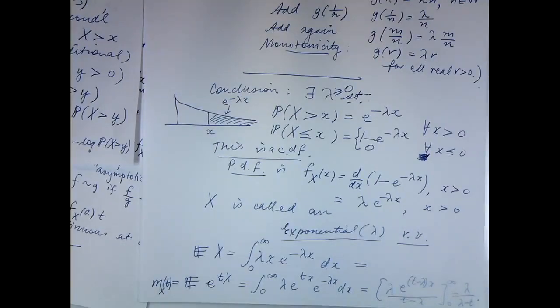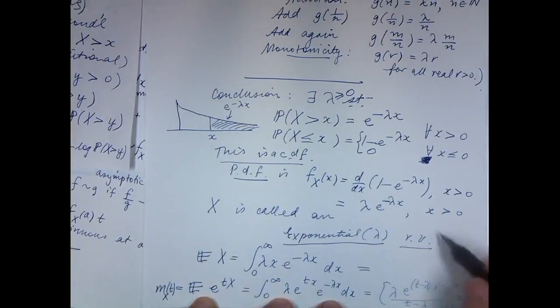I'll let you differentiate that yourself, but pretty clearly the expected value of X is not lambda, it's 1 over lambda. If I differentiated that, I'd get lambda over (lambda minus t) squared, substitute in t equals 0, and I would get 1 over lambda.